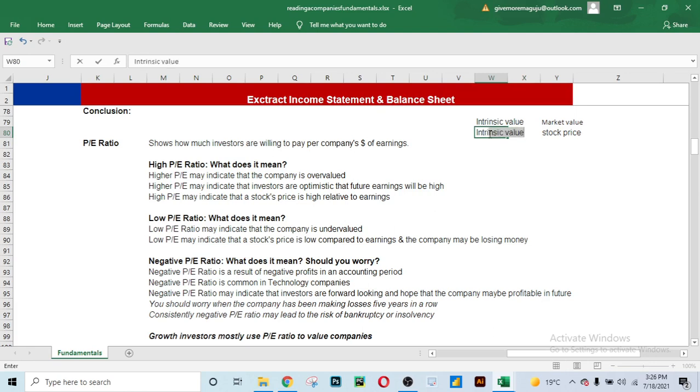And here we have the intrinsic value is greater than the stock price.